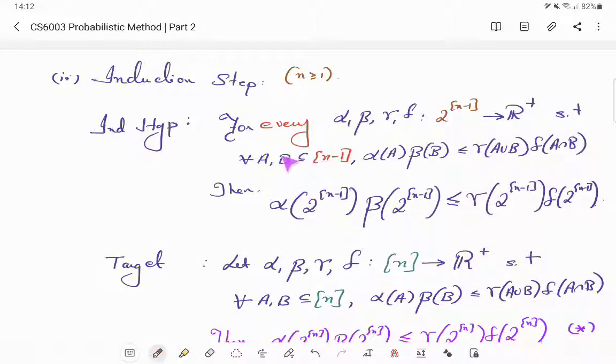Suppose they satisfy this condition for every A and B subset of, again, note, n minus 1. If this condition is satisfied, then alpha of the power set of n minus 1 times beta of the same thing is less than or equal to gamma of the same thing times delta of the same thing. This is the induction hypothesis.